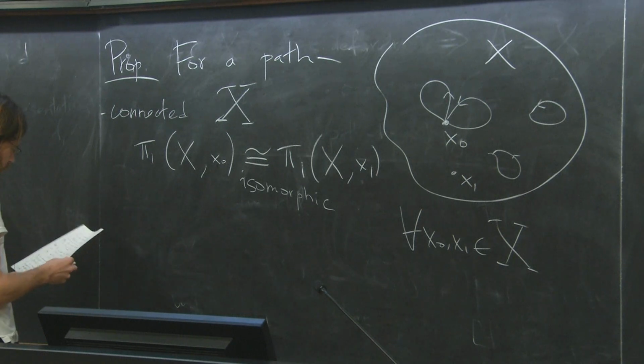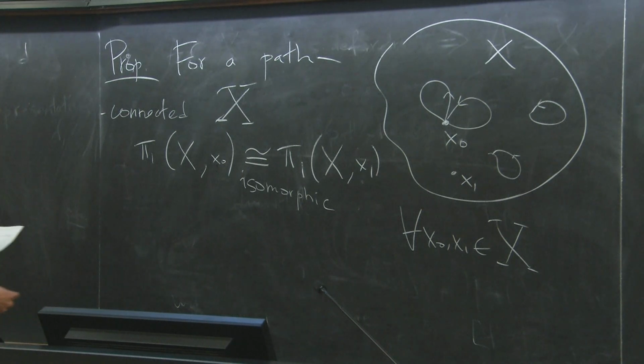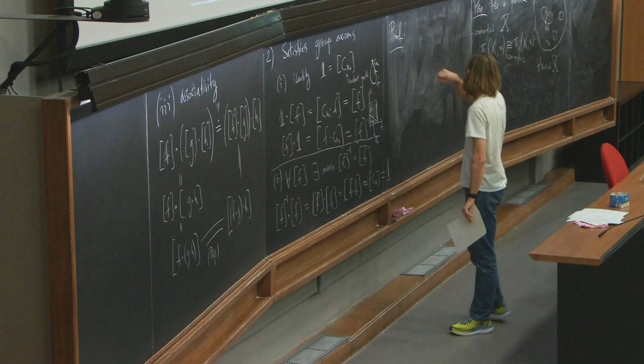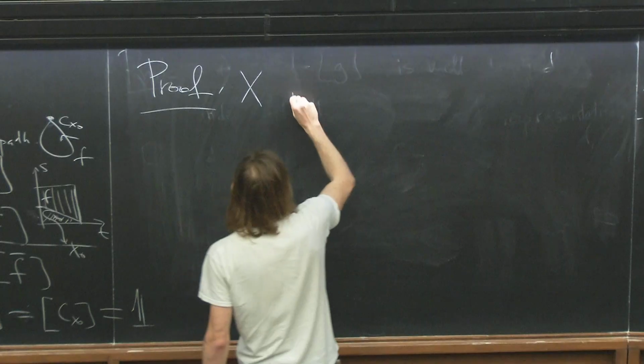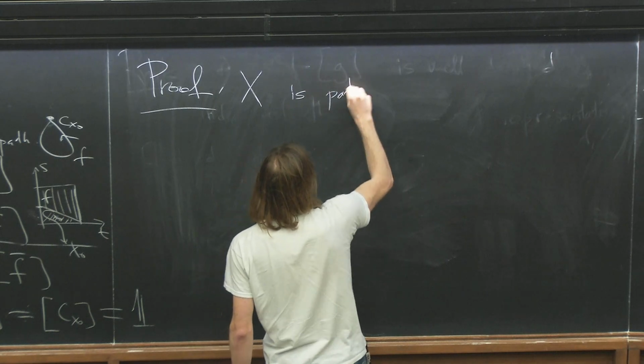Okay, so let us show this by explicitly constructing the isomorphism. X is path connected.